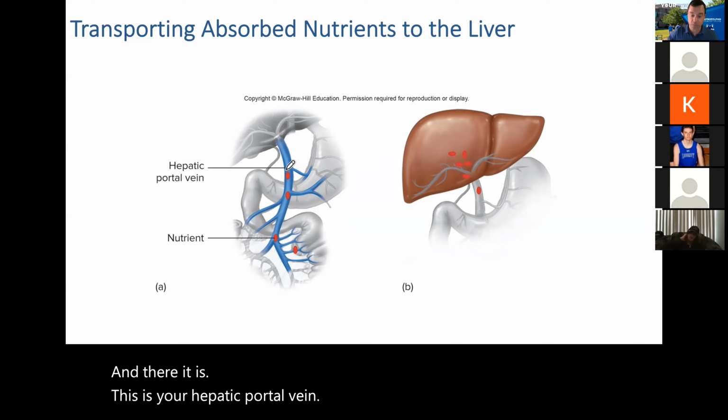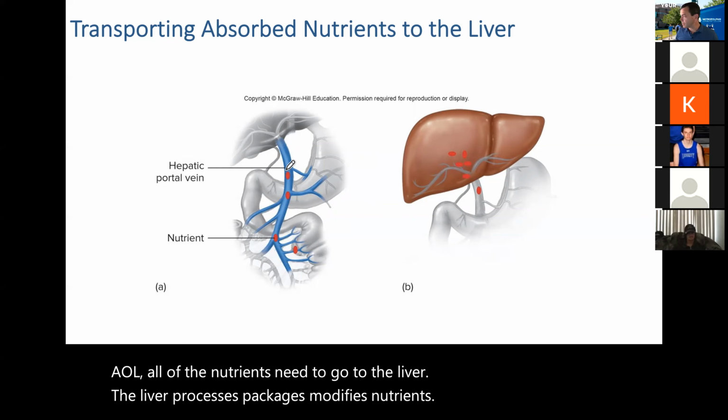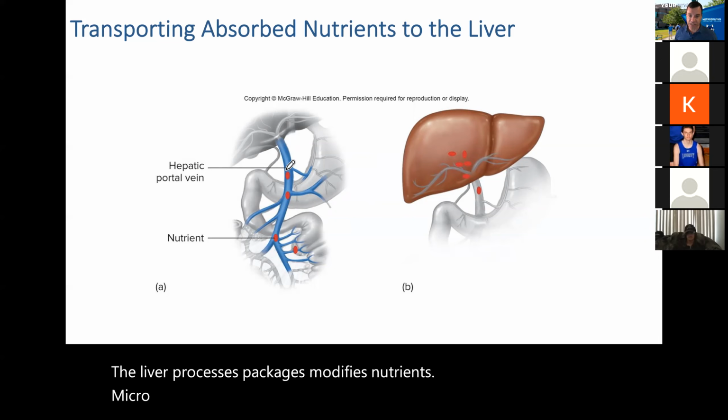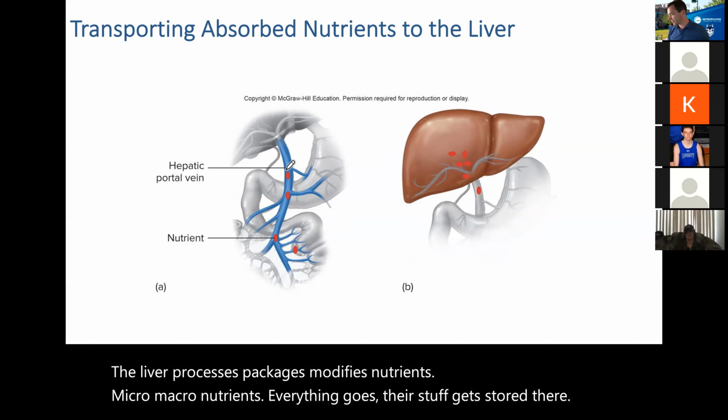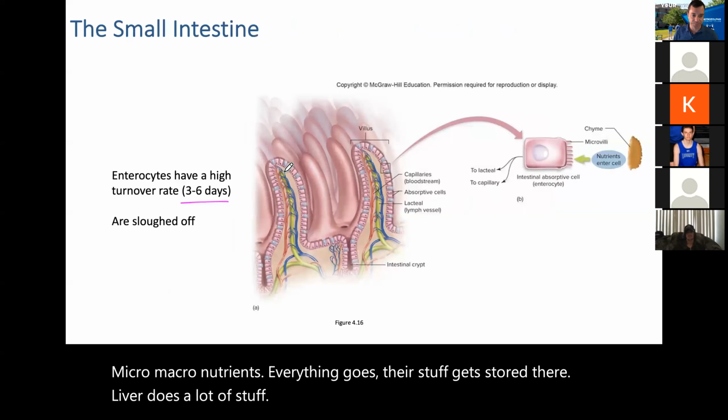All of the nutrients need to go to the liver. The liver processes, packages, and modifies nutrients, micronutrients, macronutrients, everything goes there. Stuff gets stored there. The liver does a lot of stuff.